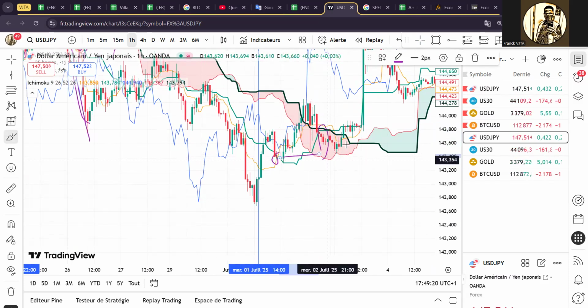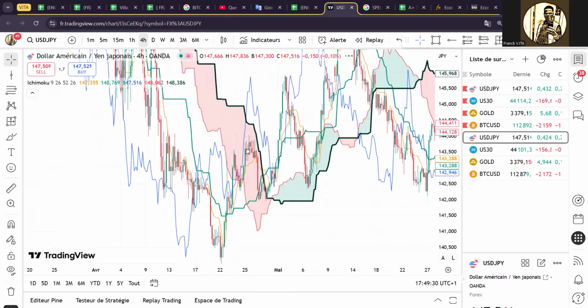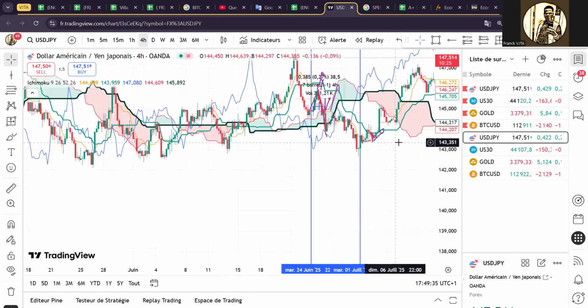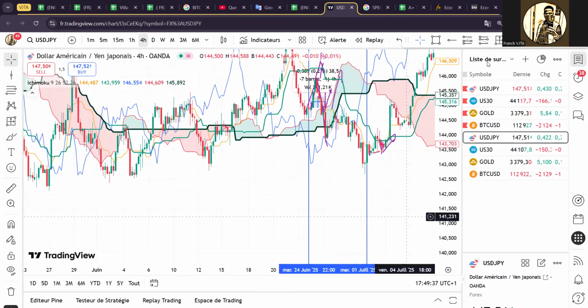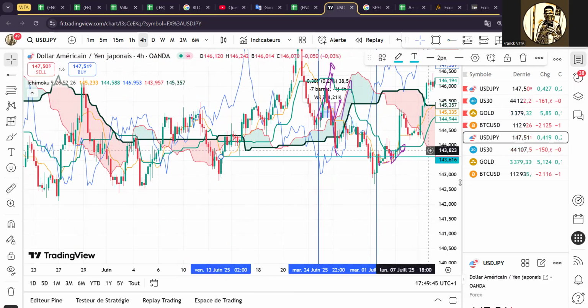When this TK fat started reducing, this reduction created a new trend. Why? It's just because when you go on 4 hour, you will see that the price was at a 4 hour zone at this level. You can see a support here of Tenkan. For example, a support here.